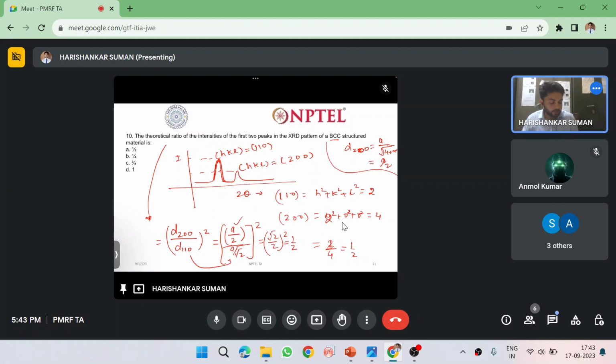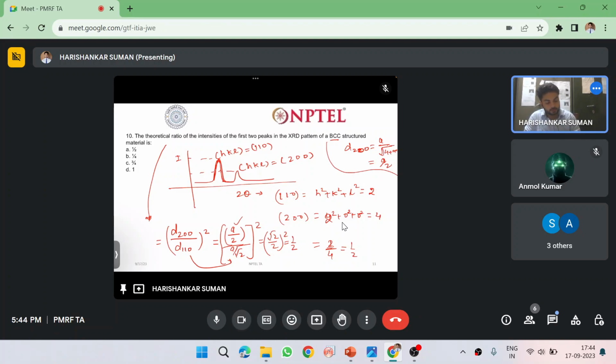Similarly. So we can also calculate. This is related to the structure factor, and we can easily calculate with the help of the d and intensity ratio. Okay.